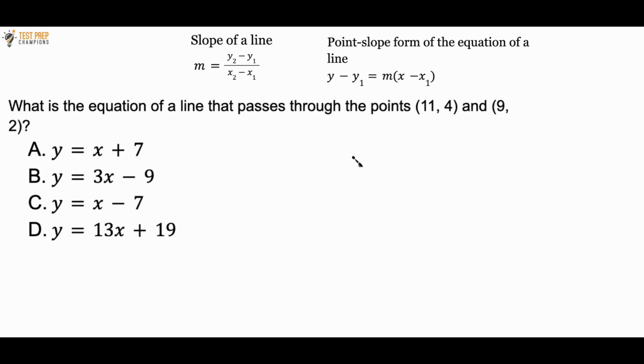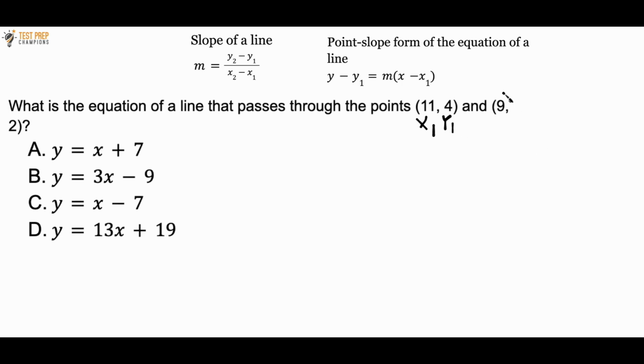So I'm going to start by labeling my x1, y1, x2, and y2. When I look at this first pair, the first number in a pair always has to be an x, so I'm going to call this x1. The second number in the pair always has to be a y, so I'm going to call this y1.